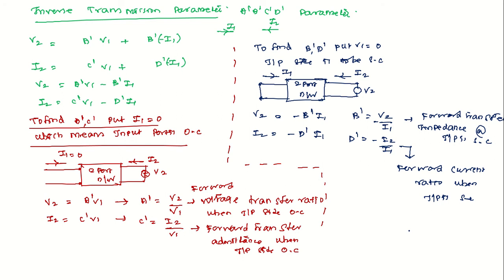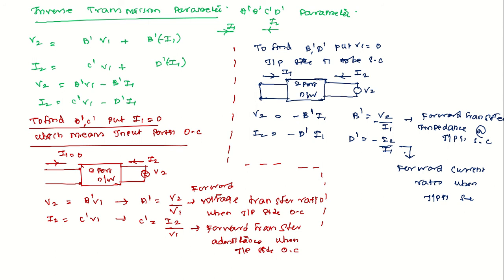As of ABCD parameters, we are finding the input voltage and input current, and as of the inverse ABCD parameters, called the inverse transmission parameters, we are finding A dash, B dash, C dash and D dash, in which we find the output voltage v2 and output current i2. I by V is called admittance, and V by I is called impedance.